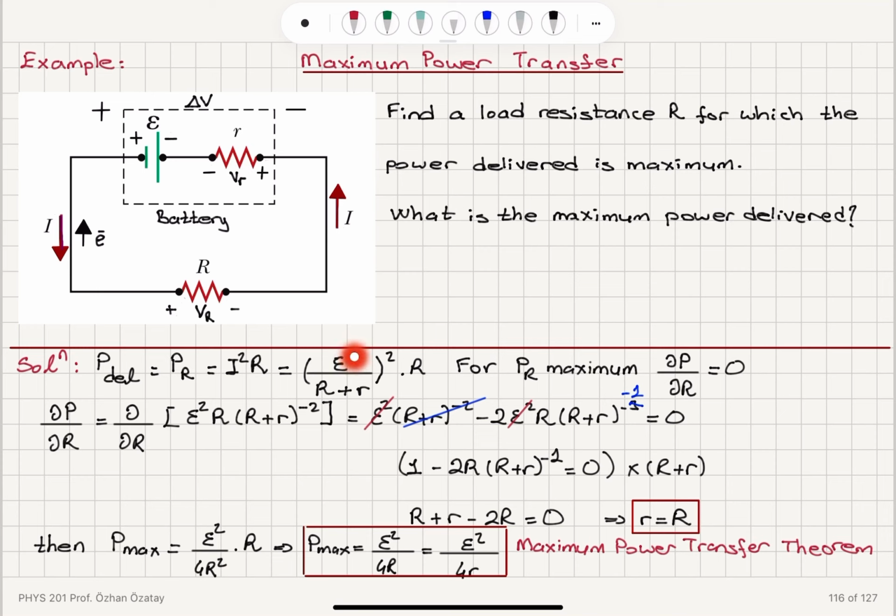It is the current epsilon divided by 2 capital R, parentheses squared, epsilon squared over 4 capital R squared multiplied by R, epsilon squared over 4 capital R, or epsilon squared over 4r. And this is also known as the maximum power transfer theorem. Capital R, the load resistance, must be equal to the internal resistance of the battery for maximum power transfer.